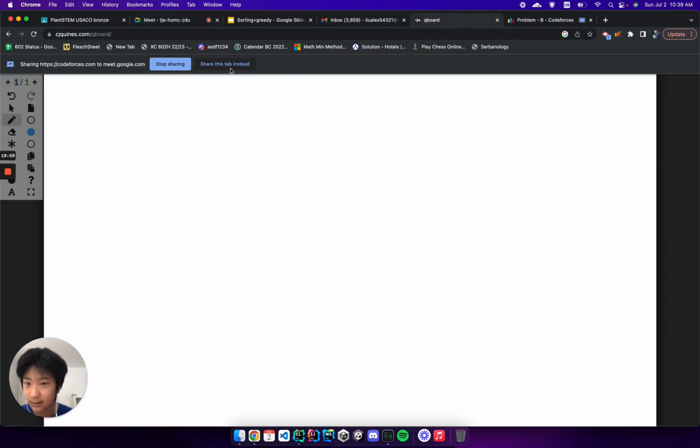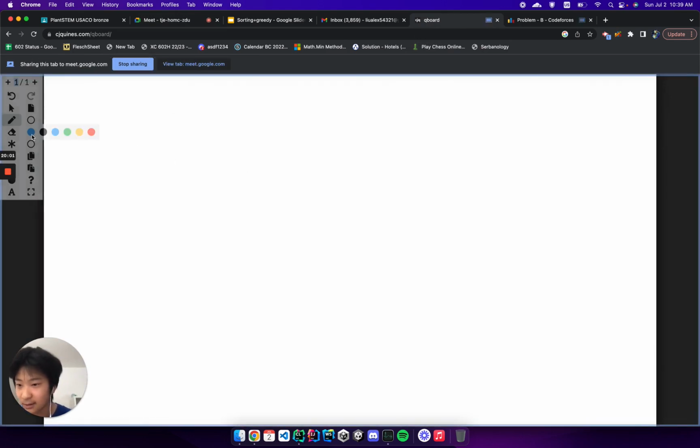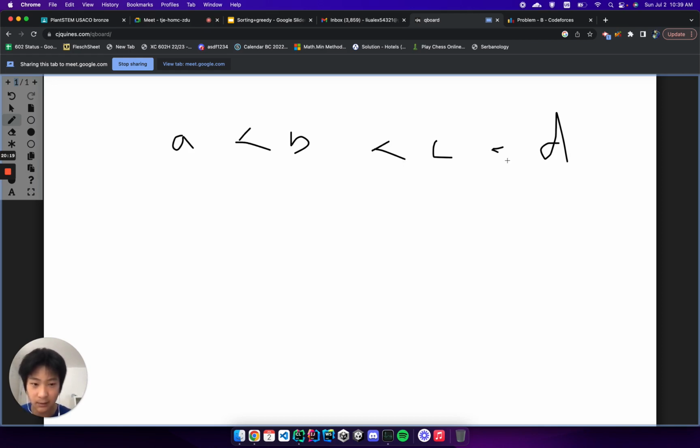And if you're hesitant about why taking consecutive differences is correct, you can consider them as points on a number line. So let's say we have weight A, weight B, weight C, weight D, increasing.